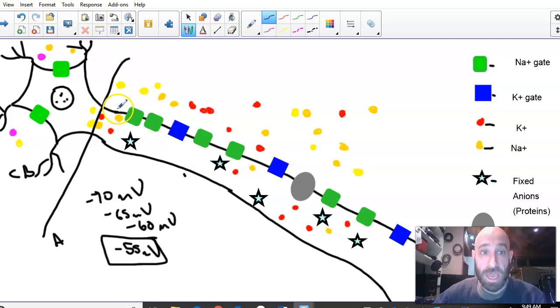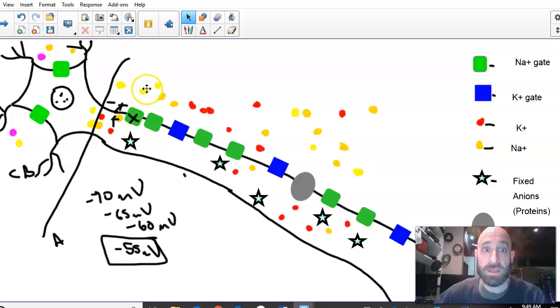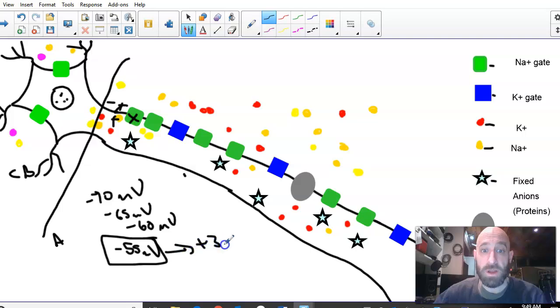Well, these are voltage-gated, where the outside is going to be more positive and the inside is more negative. When we hit negative 55 millivolts here, that is enough to trigger these sodium channels to open. Now the inside is more positive and the outside slightly more negative, and that triggers these sodium ions to flood in, and then very quickly this number goes from negative 55 and jumps to positive 30.